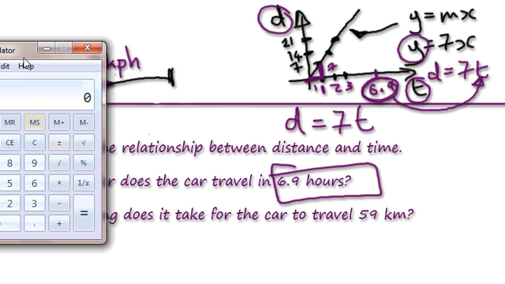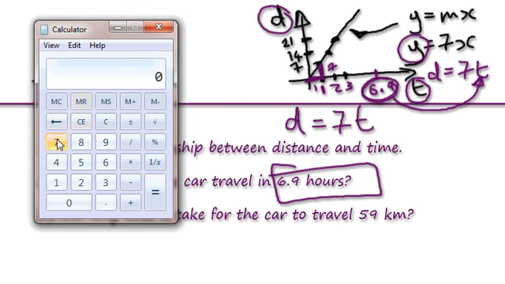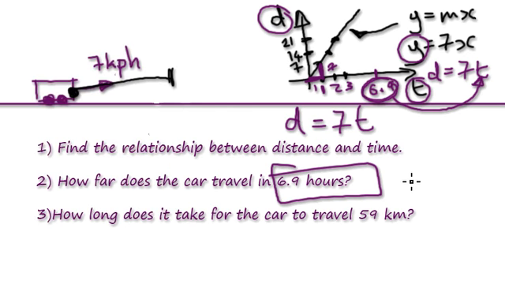Calculator: 7 times 6.9 equals 48.3. So the answer here is 48.3. 0.3 what? Elephants, bananas, whether how far? It would be kilometers.